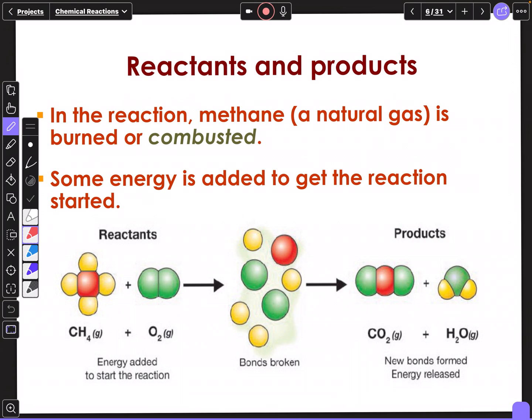So in this reaction, looking back at it, methane CH4 and O2 oxygen gas are your reactants. They're on the left side of this arrow, and on the right side of the arrow you have your products, your new substances that are formed, which in this case would be CO2 and H2O.